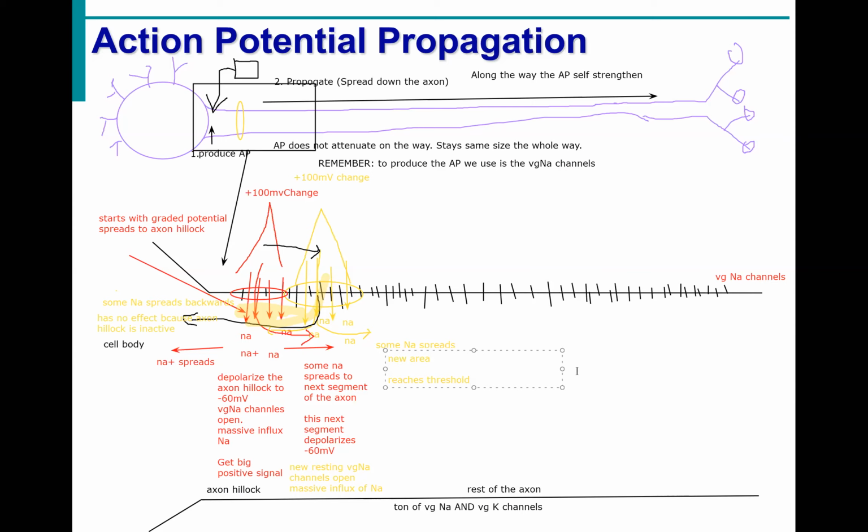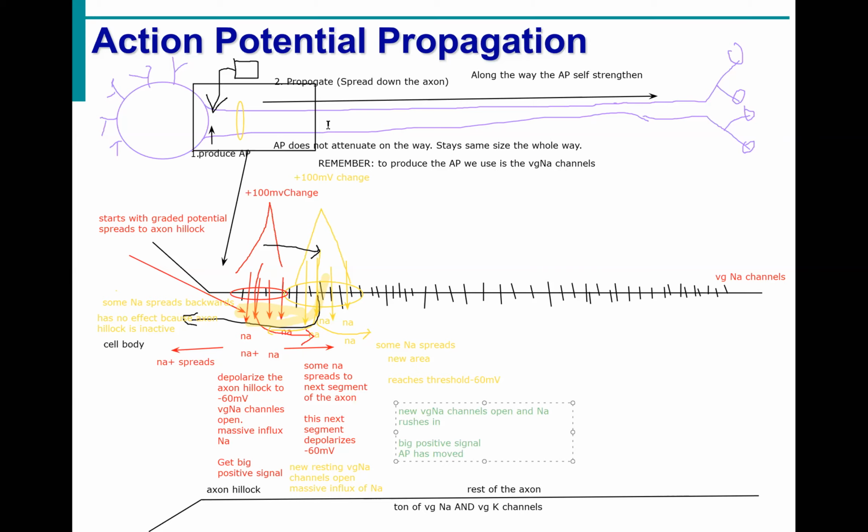And when this new area reaches threshold of negative 60 millivolts, new voltage gated sodium channels open and sodium rushes in. And we get a big positive signal and our action potential has moved again.